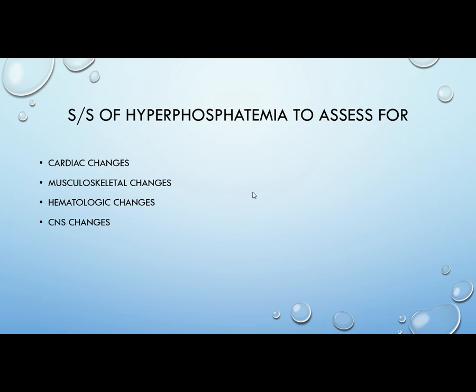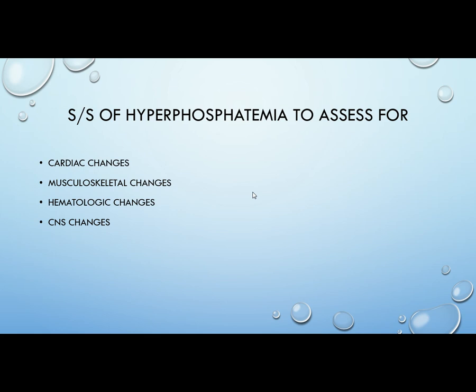Peripheral pulses are going to be slow and difficult to find. With prolonged hyperphosphatemia, you're going to see a progression in the cardiac muscle damage, but this damage is also reversible when you correct the hyperphosphatemia, okay?